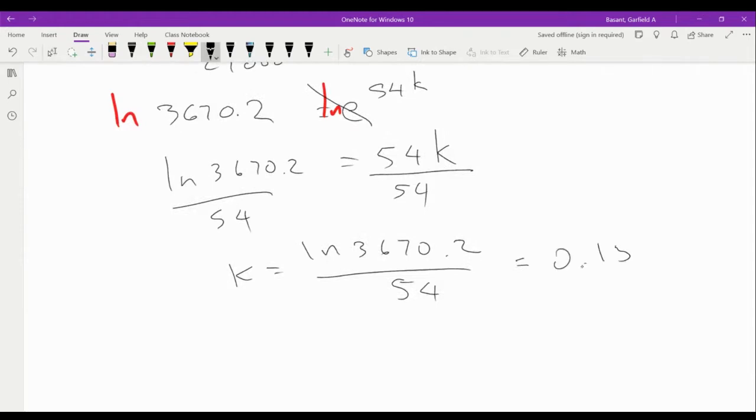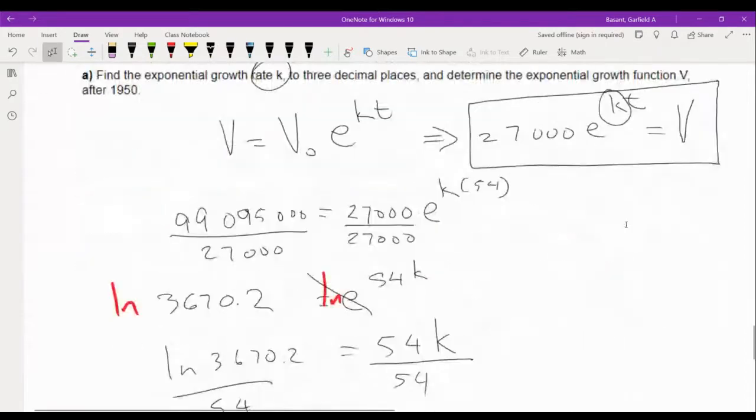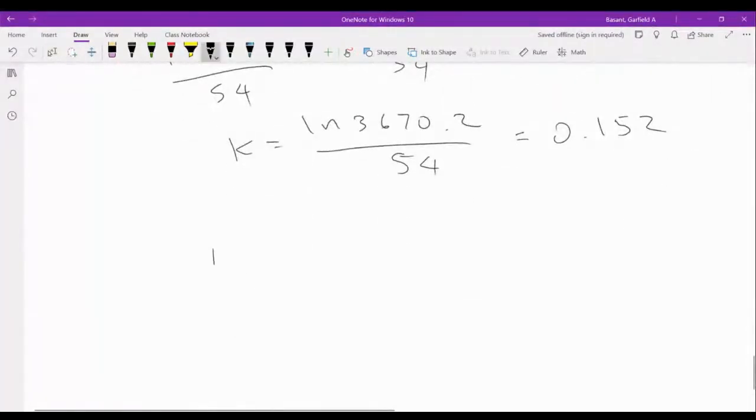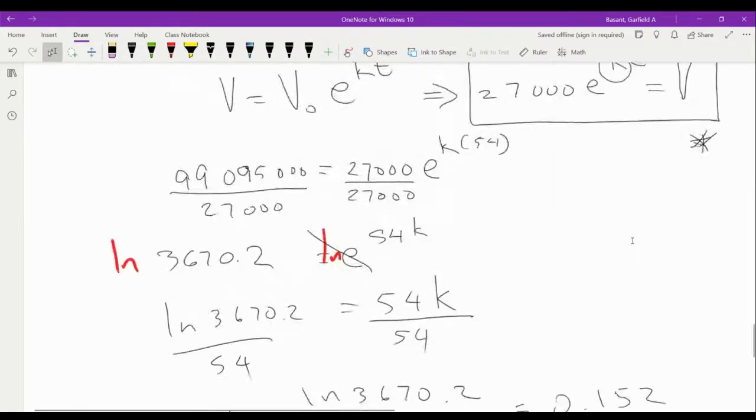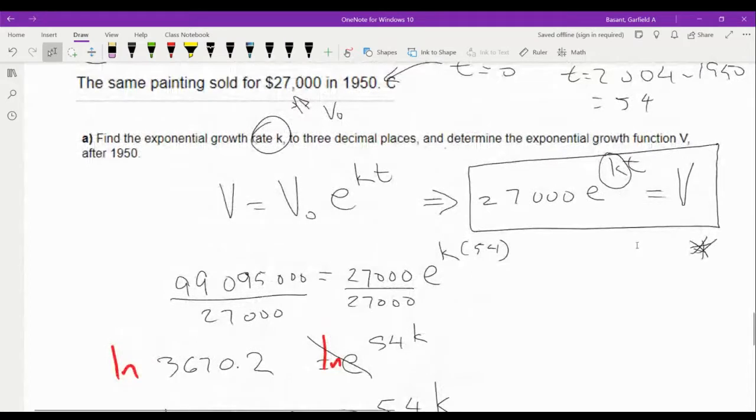All right. So now we can go back and write our equation that we had here. We can now fill in for the value of k. So we know V is equal to 27,000 e to the 0.152 times t. So that's the second part of the question, which was to determine the exponential growth function.